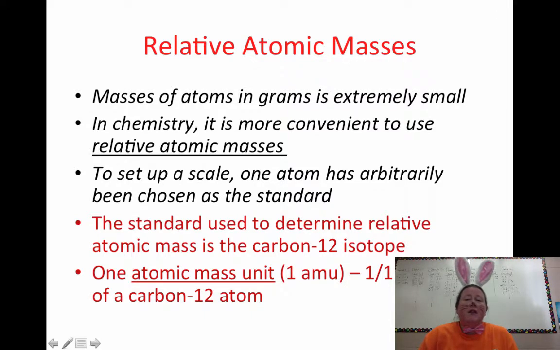So the key word here is arbitrarily. I'm sure they had rhyme and reason, but they could have picked any element. So the standard used to determine the relative atomic mass is the carbon-12 isotope. By definition, one atomic mass unit, AMU, equals 1/12 the mass of a carbon-12 atom.